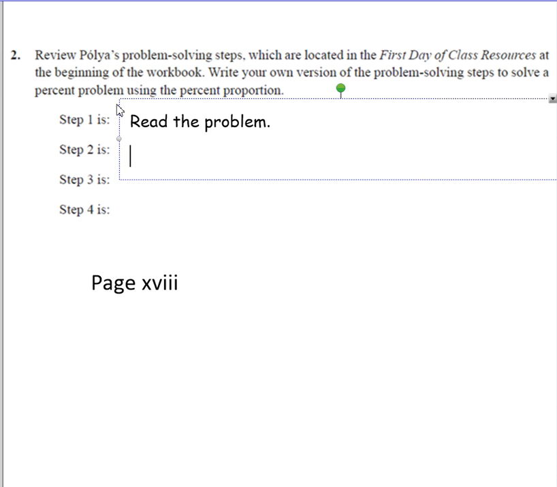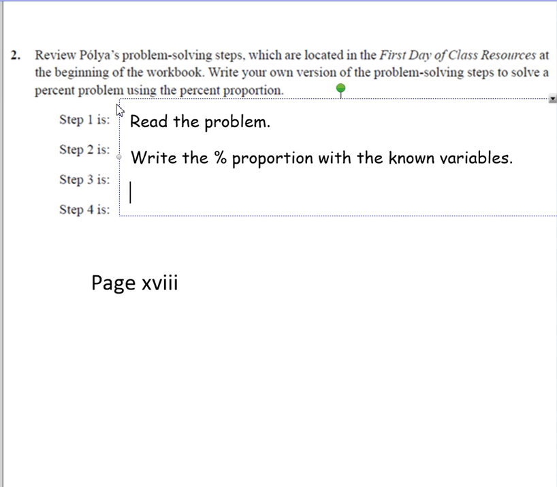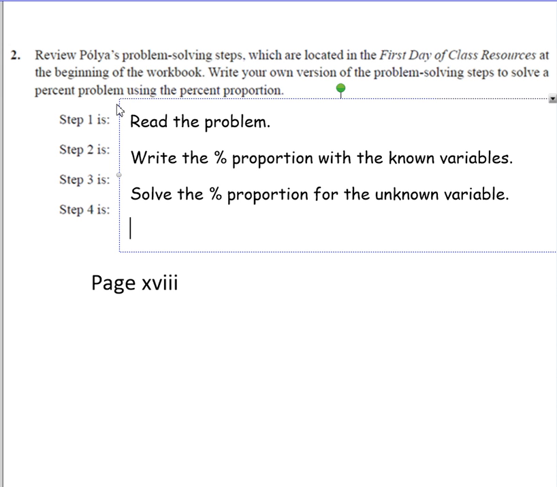And so for these problems, step 2 would be writing the percent proportion with the known variables. Step 3 then would be to solve that proportion. And then step 4 is a common step that a lot of authors and teachers say: to check your answer.